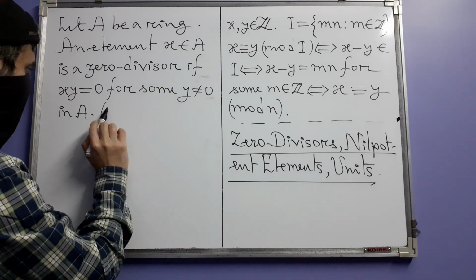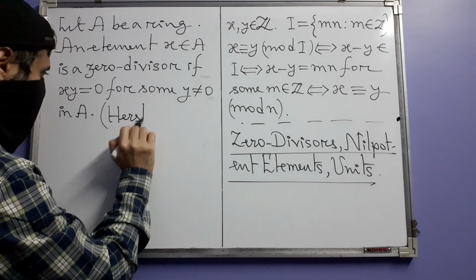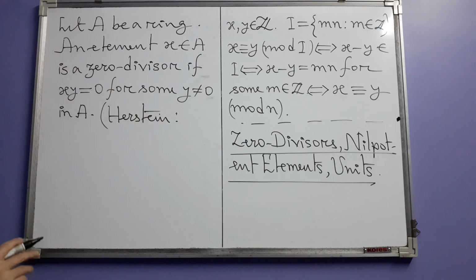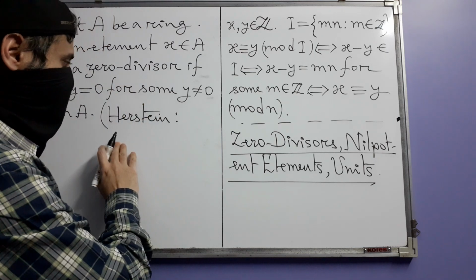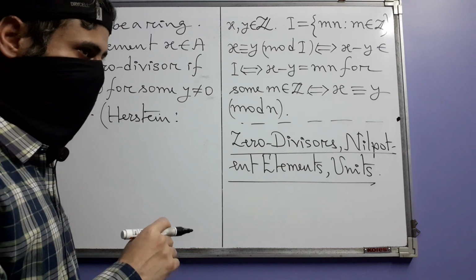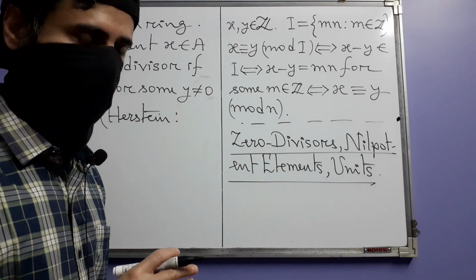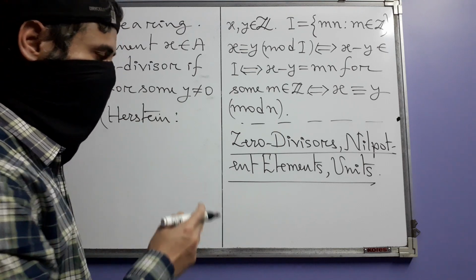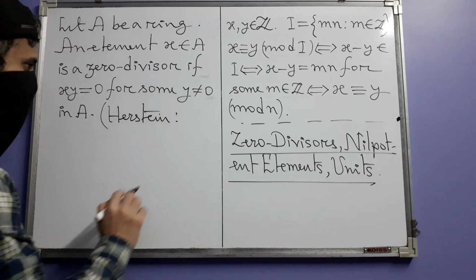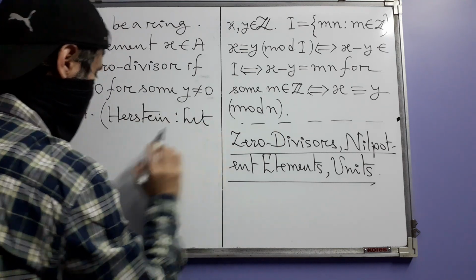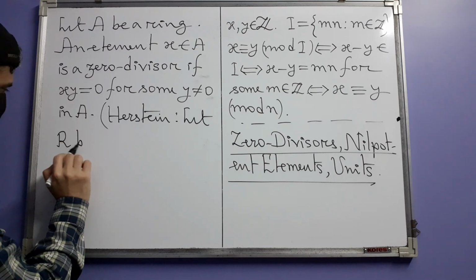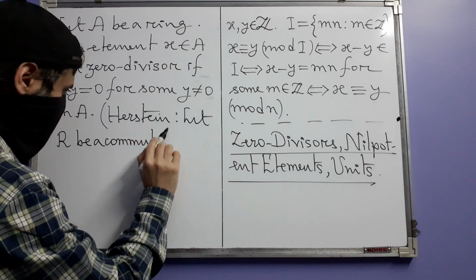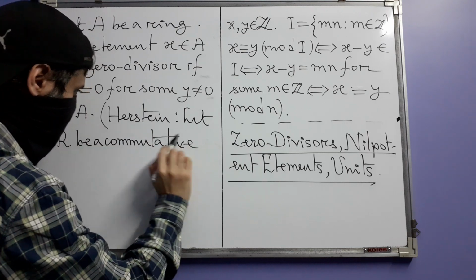Now I will write Herstein. First of all, Herstein declares that zero-divisors are being defined only for commutative rings. This he had to say because Herstein also considers non-commutative rings. Let R be a commutative ring.